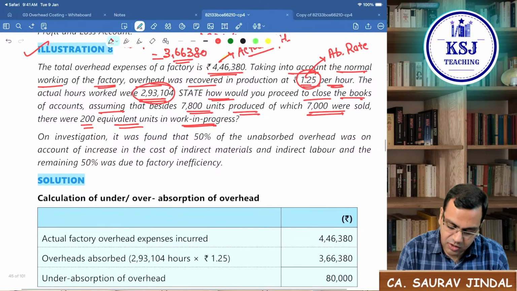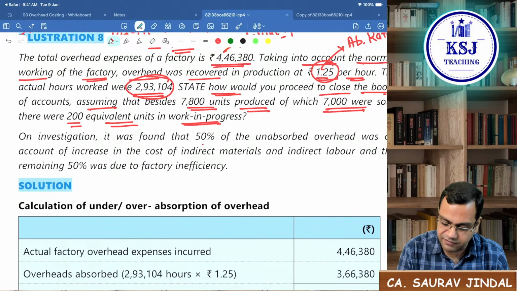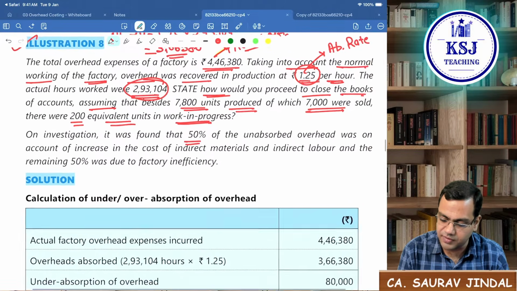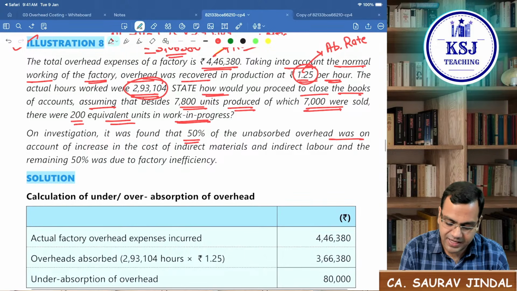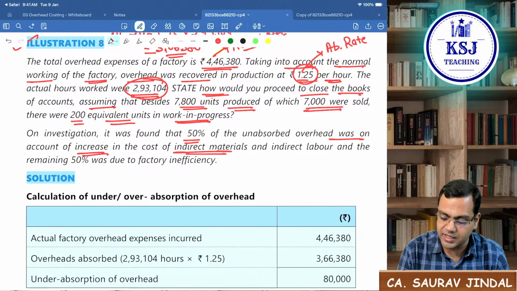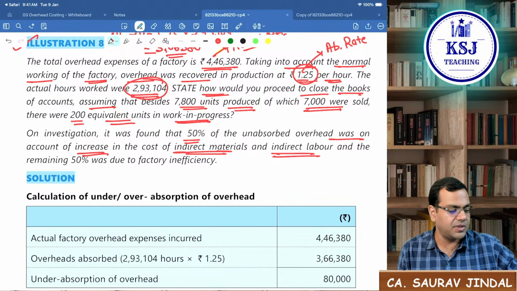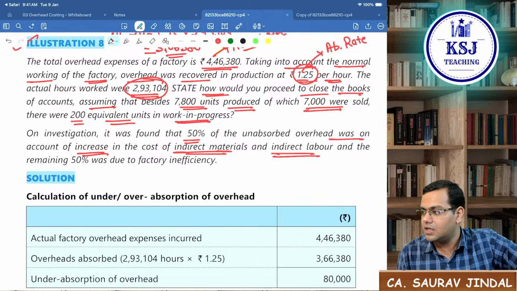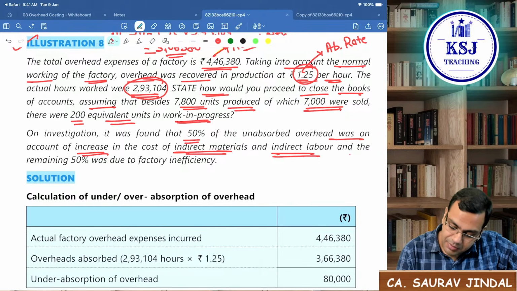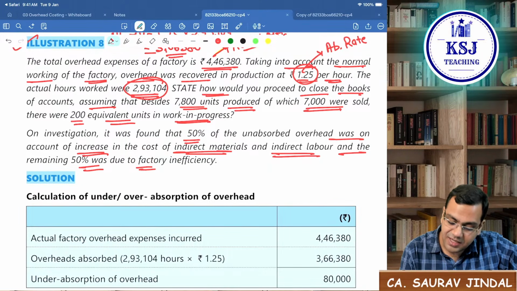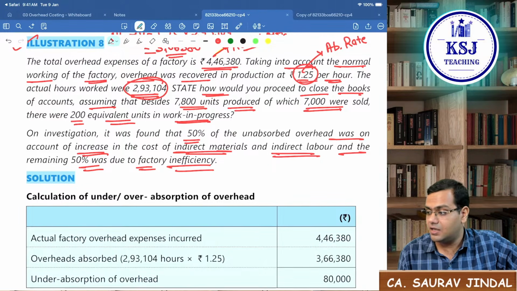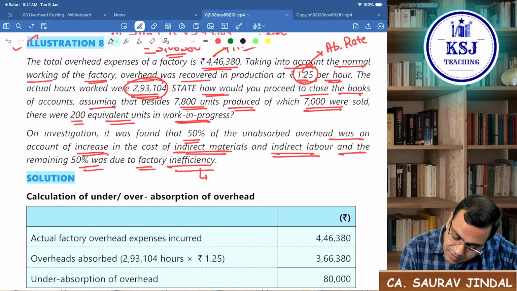What is given? On investigation, it was found that 50% of the unabsorbed overhead was on account of increase in the cost of indirect material and indirect labor. That is 50% due to a genuine reason. If it is due to a genuine reason, what do you do? We calculate a supplementary rate. And the remaining 50% was due to factory inefficiency. So factory inefficiency means this is your abnormal reason.